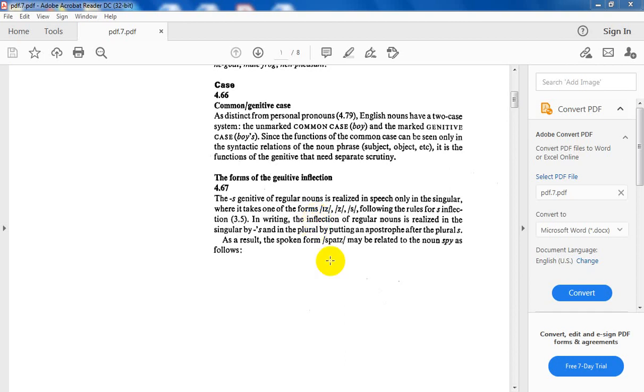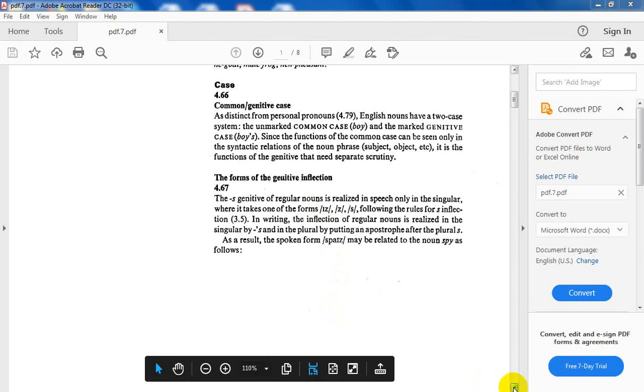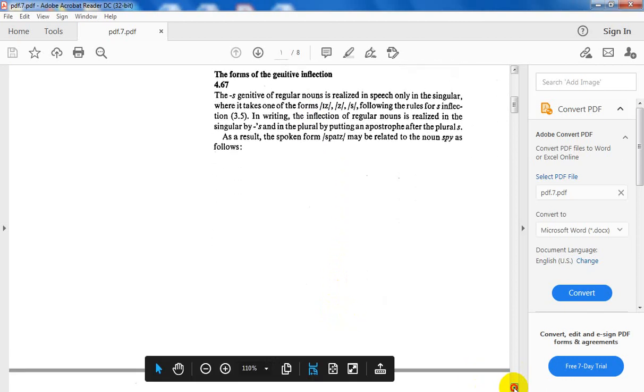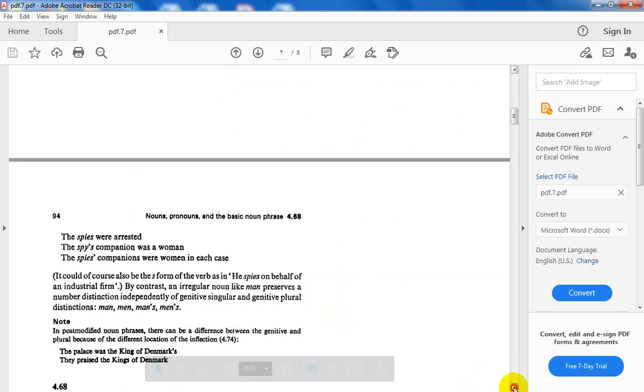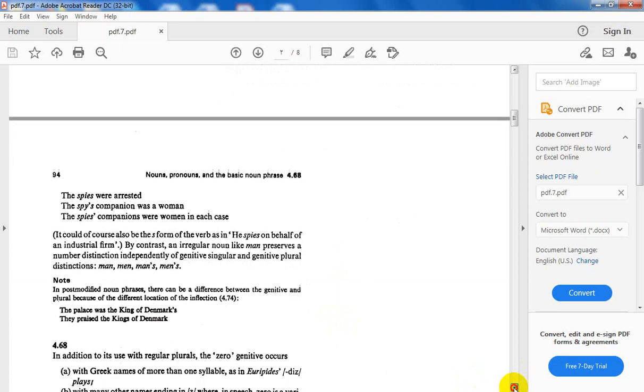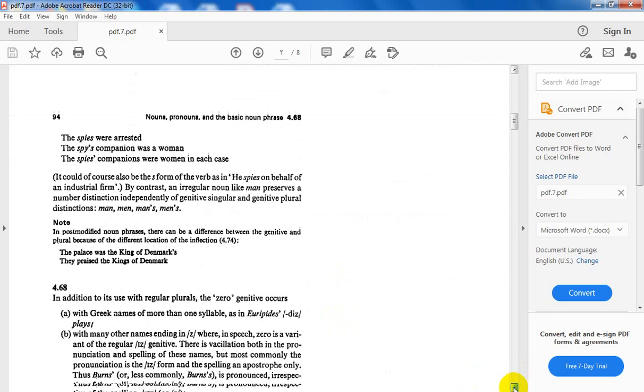See? Let us see these variations. They are not that important, but let us deal with them. The spies were arrested. The spy's companion was a woman.